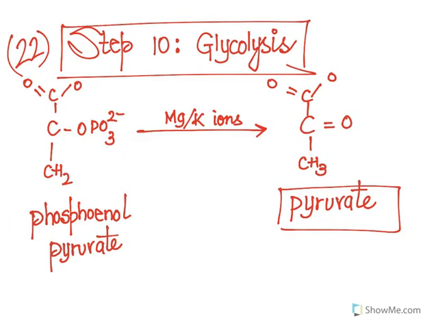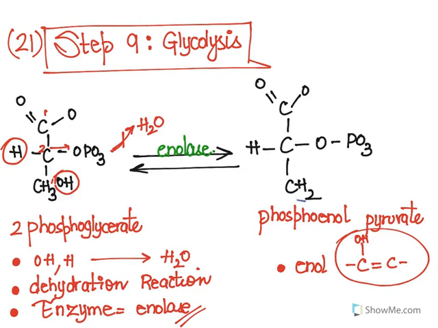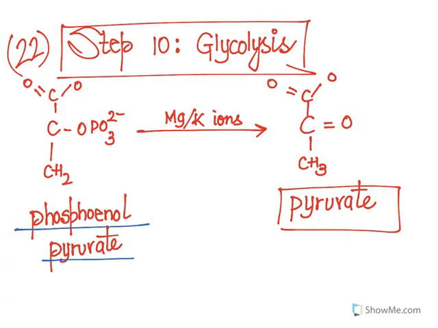All right, so we are now on step 10 of glycolysis, a pretty complex concept, and this video is long. So step 10 is basically the last step where we have phosphoenolpyruvate. Remember, we had phosphoenolpyruvate as our product on step 9. So we are using that, and then now we are also using magnesium and potassium ions.